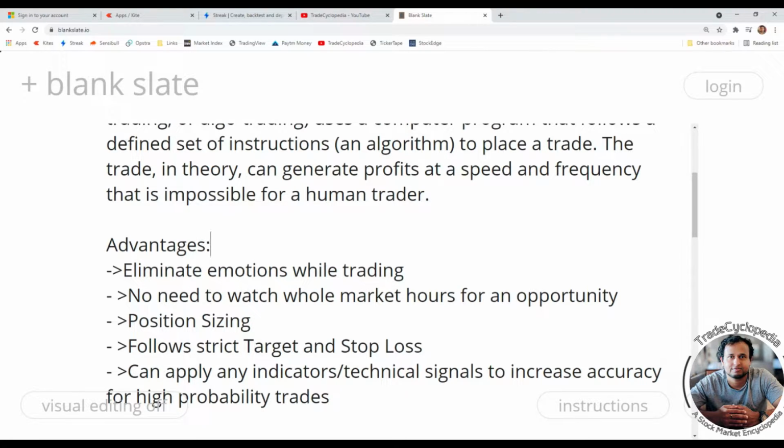So there is no fluctuation on that. It will keep on exiting at that specific level. That is the main advantage, where retail traders, or those who trade manually, cannot exit at their stop loss all the time. They may not book the profit, or cannot wait till it reaches their target levels. So that again is an advantage of algo trading.